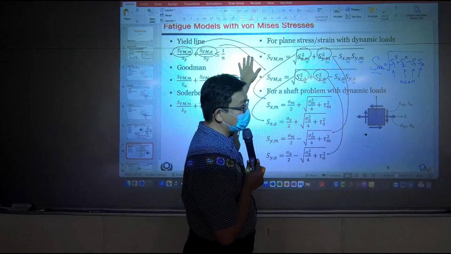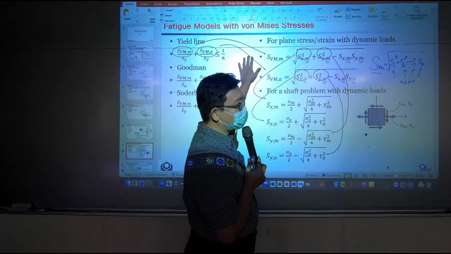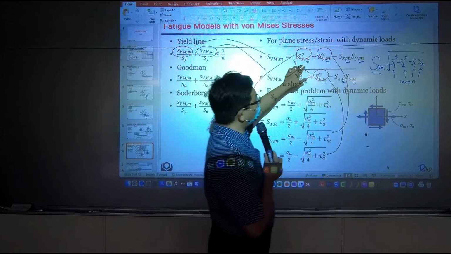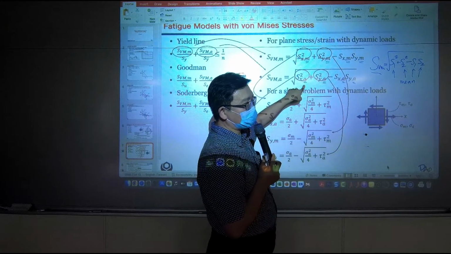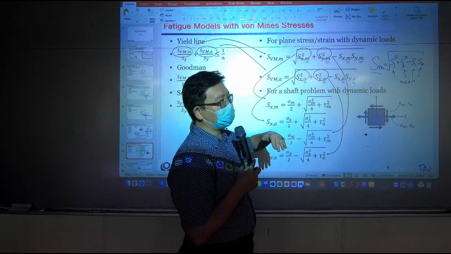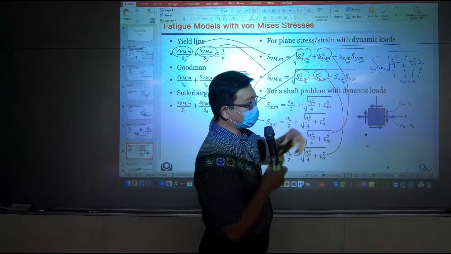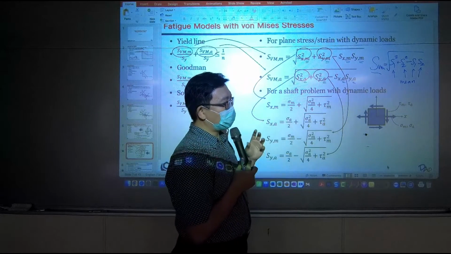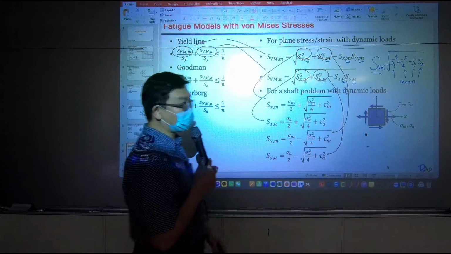What if it doesn't, because when you are talking about mean and amplitude, you're talking about the stress is varying. So what if the way the stress is varying doesn't occur in the way you expect?